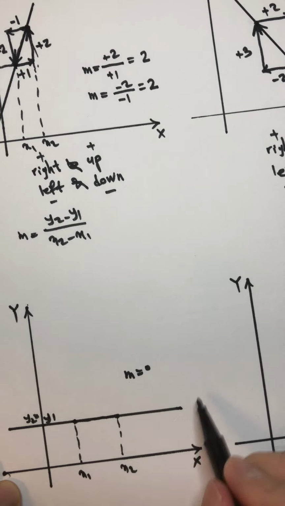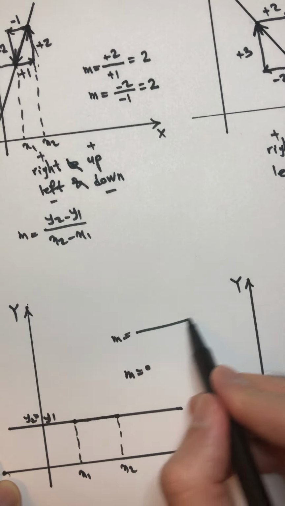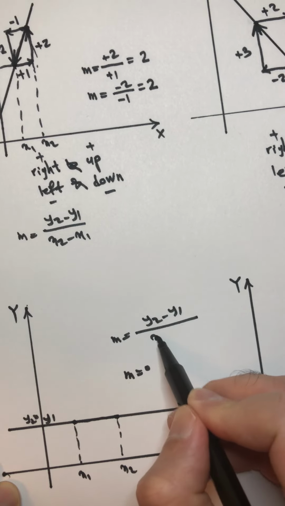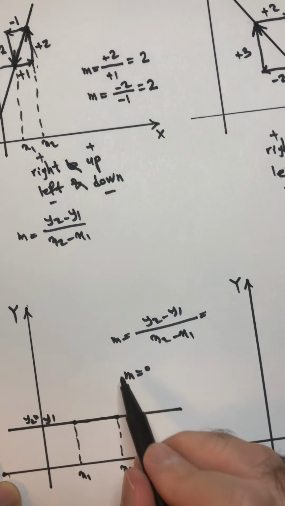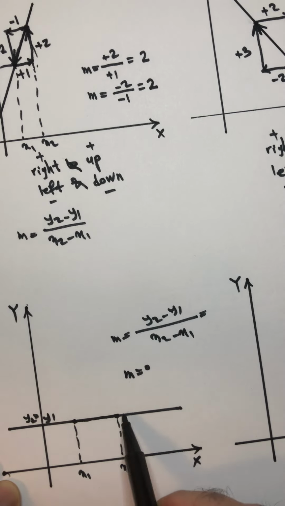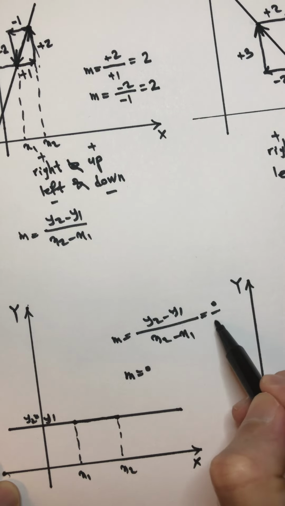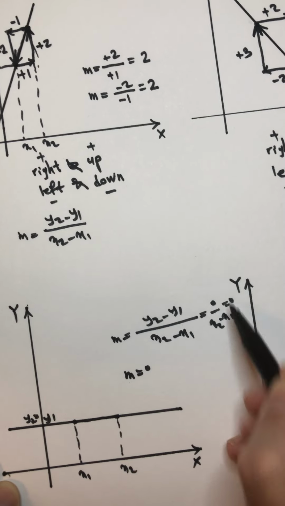Then m, using this formula, is y2 minus y1 over x2 minus x1. Since y1 and y2 are the same for this line, which is parallel to the x-axis, we have 0 divided by x2 minus x1, which is 0.